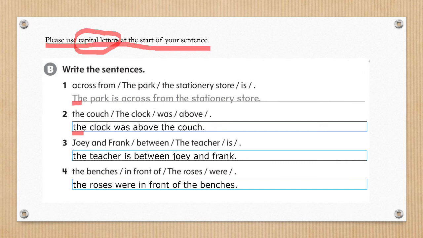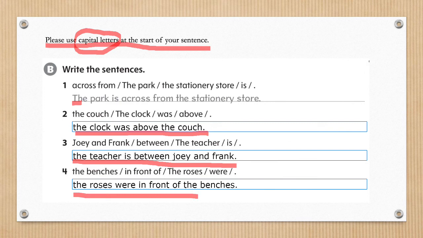Okay, so the answer for number 2 is the clock was above the couch. Number 3, the teacher is between Joey and Frank. And number 4, the roses were in front of the benches.